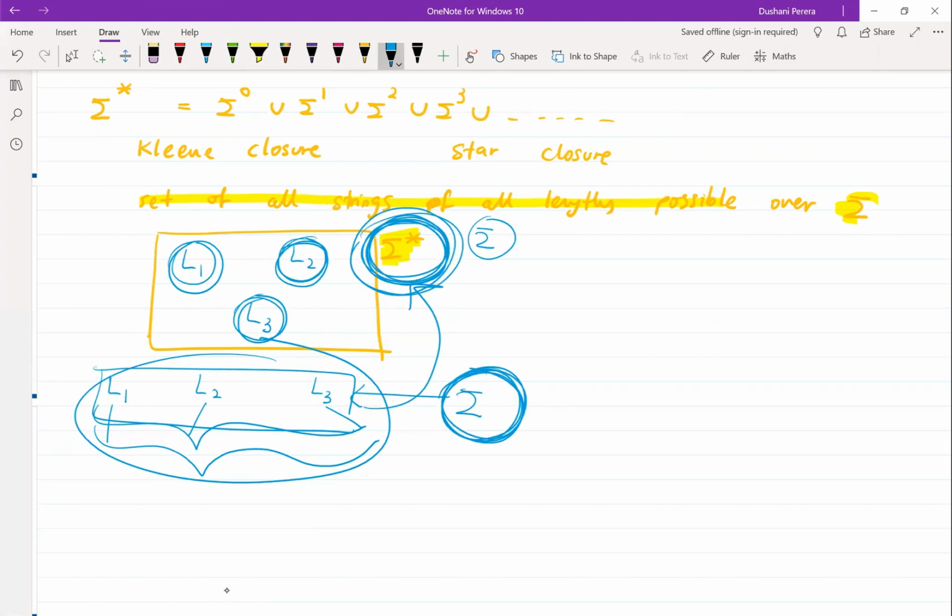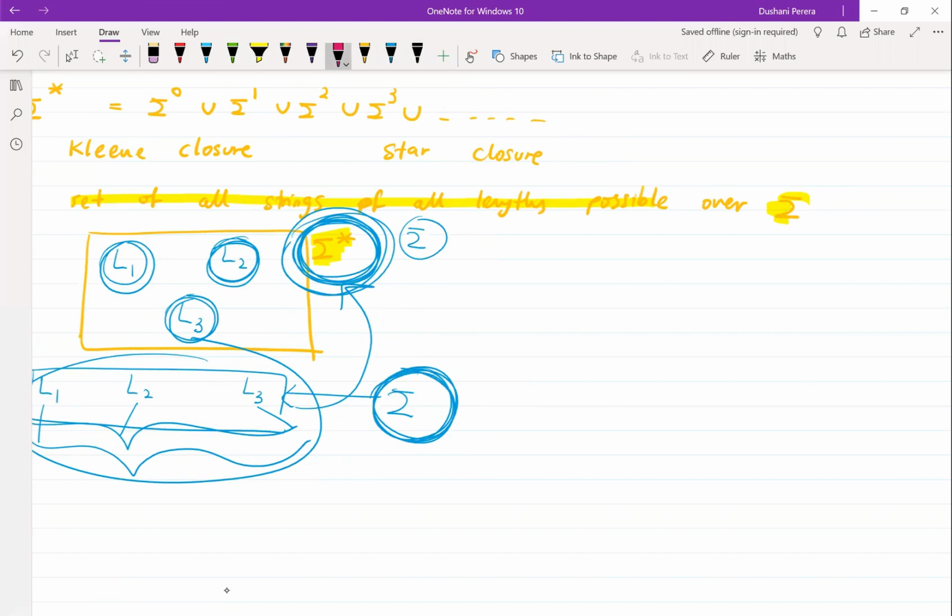So L1 is a subset of the universal set, L2 is a subset of the Kleene closure, L3 is a subset of the Kleene closure. Sigma star contains all possible strings of all lengths that are formed over sigma, and languages contain a certain subset of strings that are formed over sigma. Because of that, a language is a subset of sigma star.